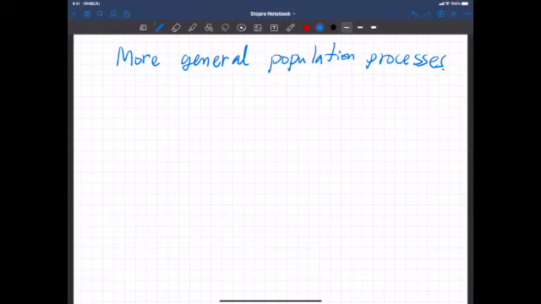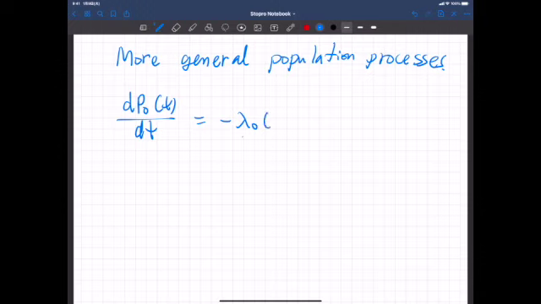We can consider more general population processes, for example like this. P0 is determined by lambda 0. This constant actually is not a constant; it can depend on the number of individuals and time.